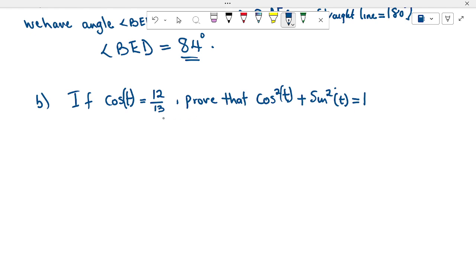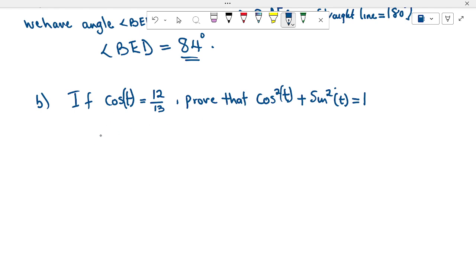We already have as a law cos squared theta plus sin squared theta is 1. But here we want to prove it.